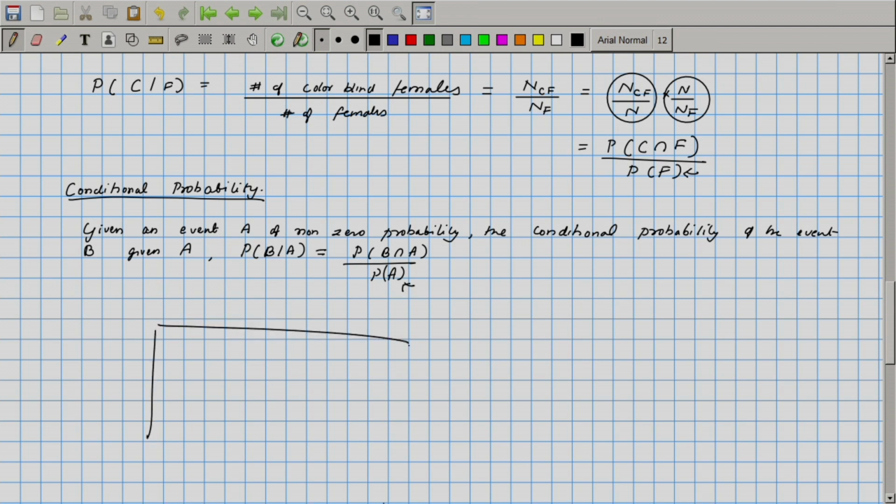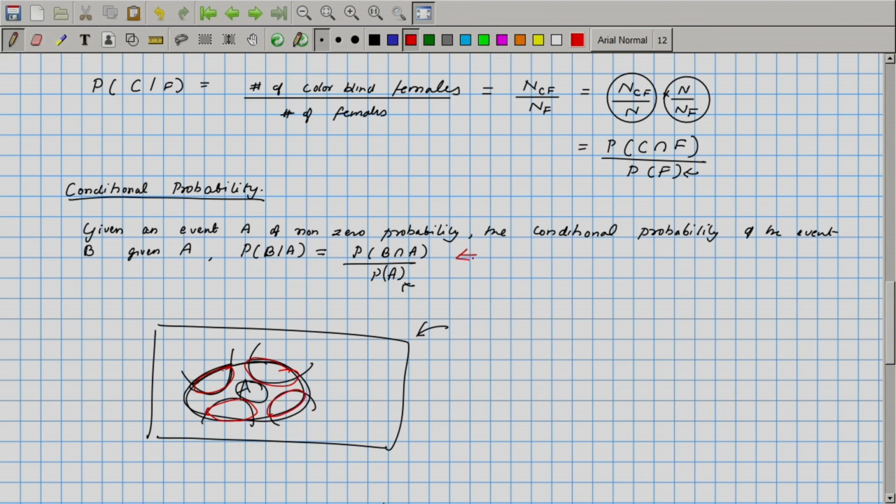So, if this was your complete sample space and A was a particular event in it, now we are having a new probability space where the universe is just A, and all the events that are there in this are essentially obtained by taking their intersection with A. So, these would be the new events, and each of those events will have a conditional probability as given by this particular formula.